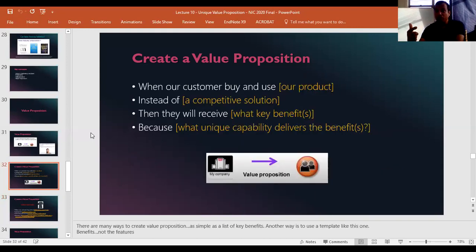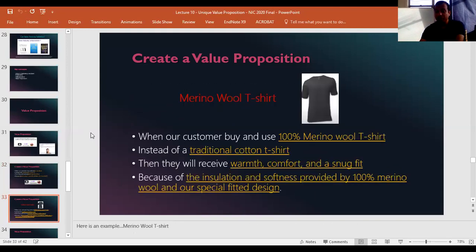Very important is what unique capability delivers those benefits. In this case, the insulation and softness provided by 100% wool and the fitted design. So you need to craft a value proposition statement like this using this template.